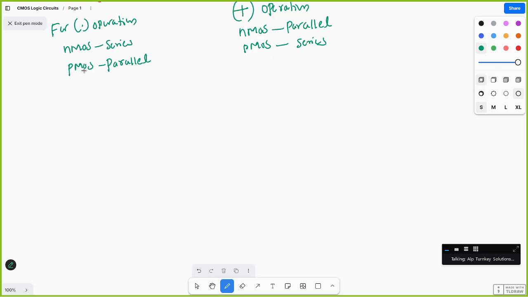So once again I am writing my expression: y equal to A and B or C, or CD. Based on this I need to draw this circuit. First, let us take this line as VDD.